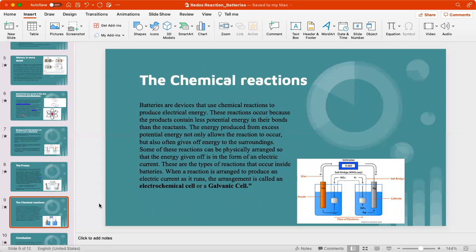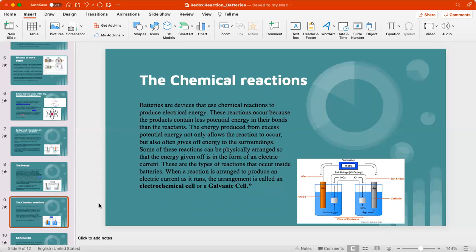The next topic is chemical reactions. Batteries use chemical reactions to produce electrical energy. This reaction occurs because the products contain less potential energy in their bonds than the reactants. The excess potential energy not only allows the reaction to occur, but also gives off energy to the surroundings.